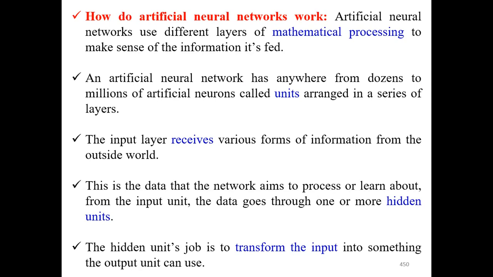The input layer receives various forms of information from the outside world. Yes, we are using a number of input layers and a number of hidden layers. This is the data that the network aims to process or learn about from the input unit. The data goes through one or more hidden units. The hidden unit's job is to transform the input into something the output unit can use. So this is the way artificial neural networks work.